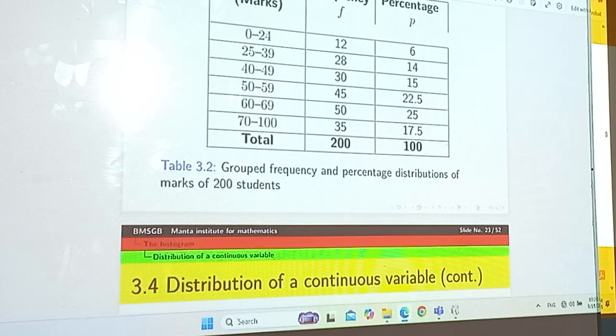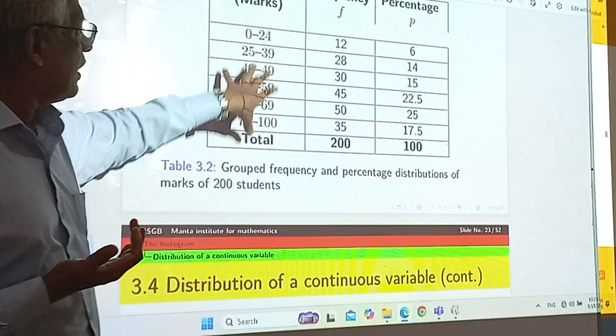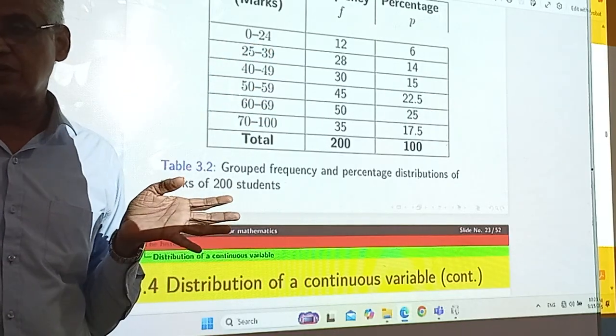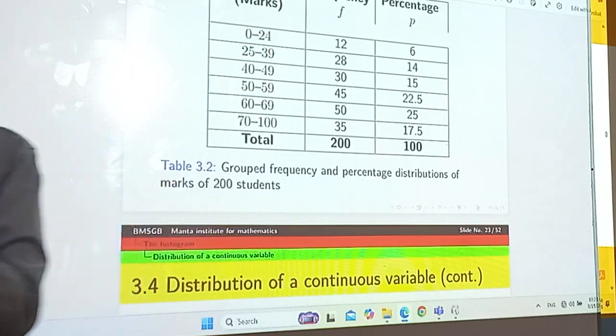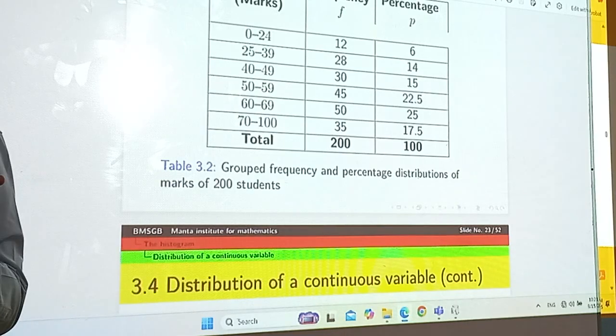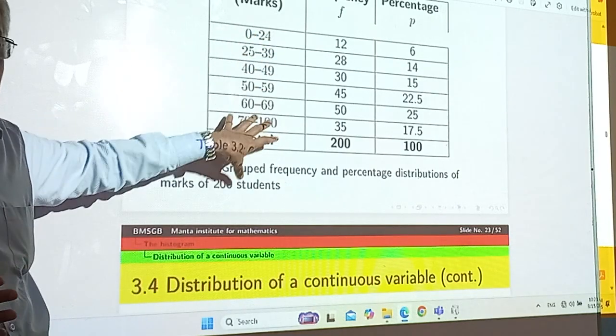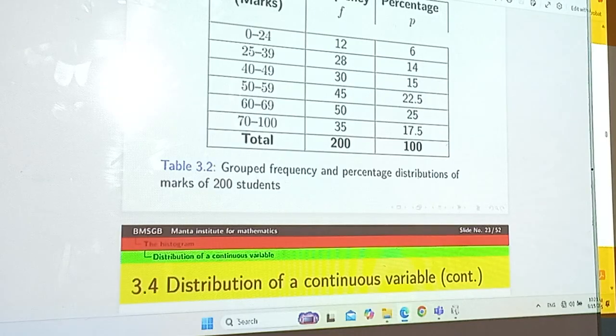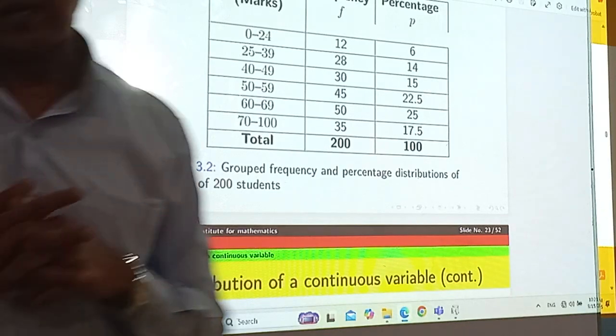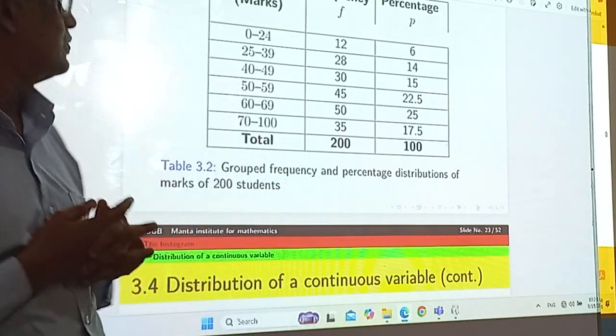Class width of 5. But then you will not be able to get the grade distribution, right? So suppose you want to look at the grade distribution. If you change these things, then the grades will disappear. You cannot see the grades. Add 0.5 and decrease 0.5 from the limits. Yeah, actually that is the best thing you can do.